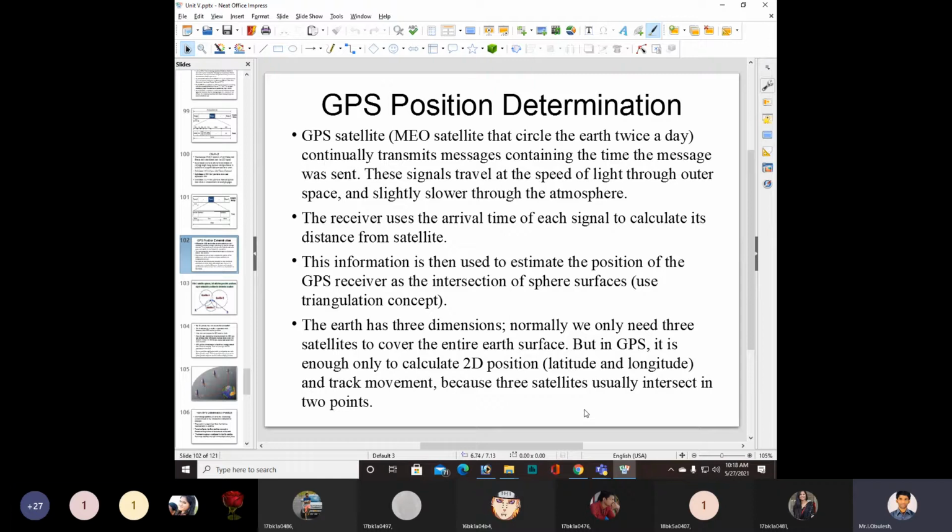These signals, whatever we are transmitting in message form, travel at the speed of light. We know the speed of light is 3 times 10 to the power of 8 meters per second.